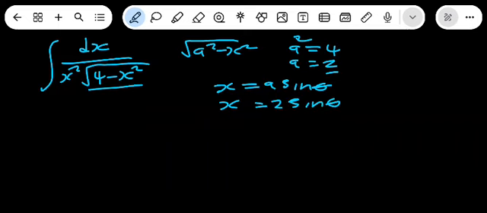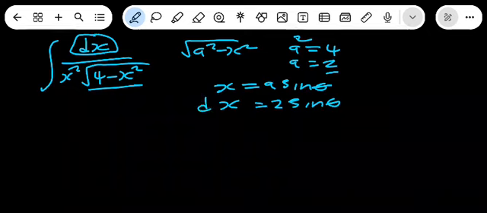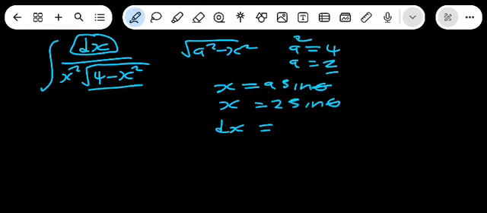So we'll substitute now. We're supposed to substitute dx, right? So let us take the dx. We can differentiate this one. dx must be equal to what? 2 cos theta multiplied by d theta. Then we can substitute this into the original integral.